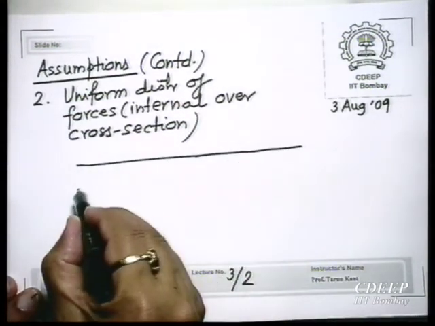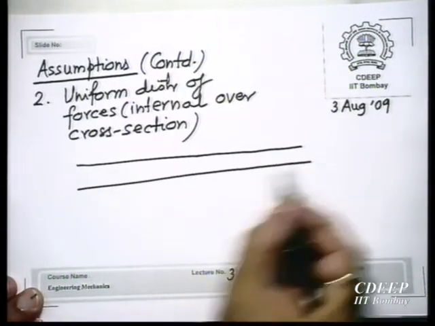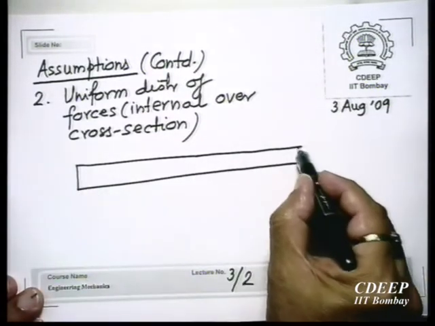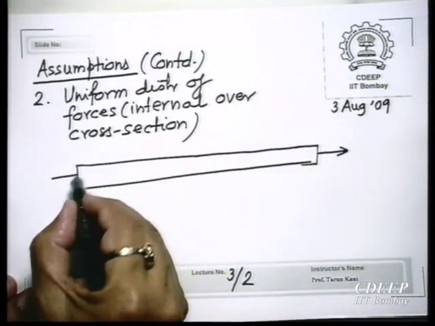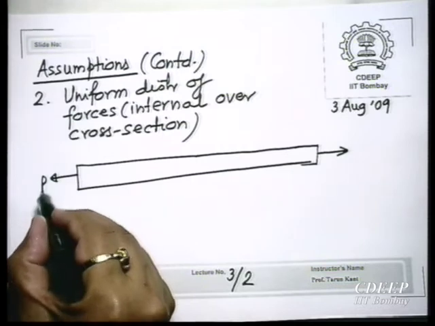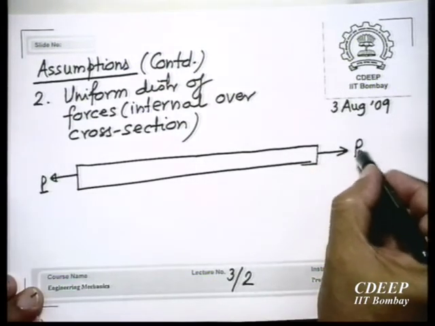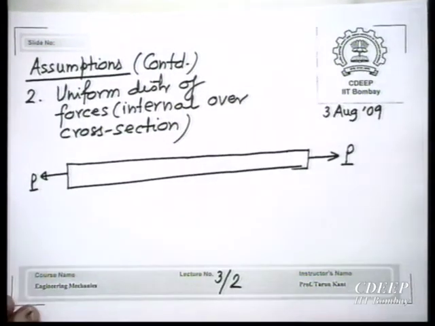So, you have a rod subjected to P, and P is going through the centroid of the cross section.